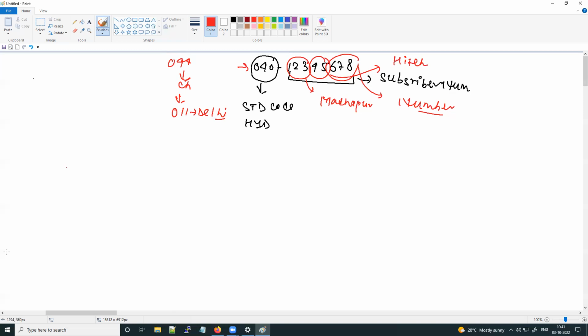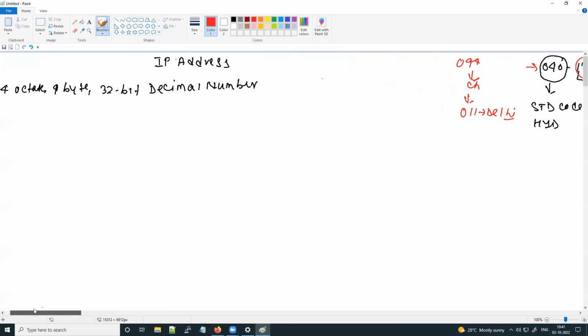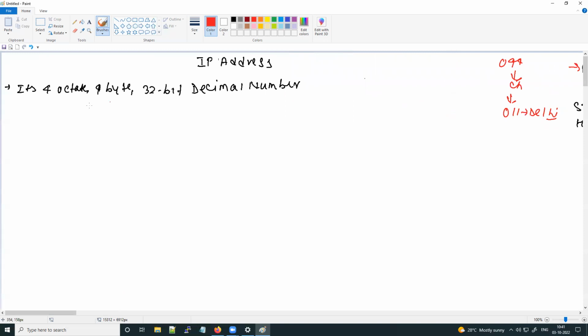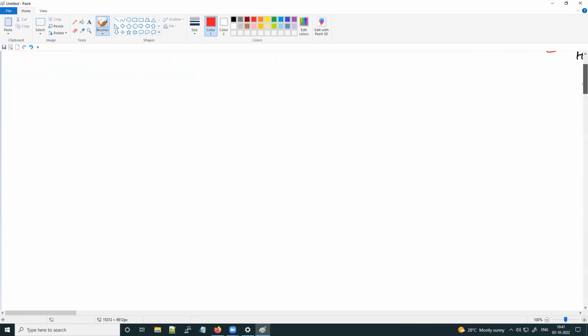In the same way, the IP address. In that, you will have the 4 octet, 4 byte, 32-bit decimal number. So the telephone number is divided into two parts: STD code and subscriber. But the IPv4 address is divided into the same two parts, but they have different names.